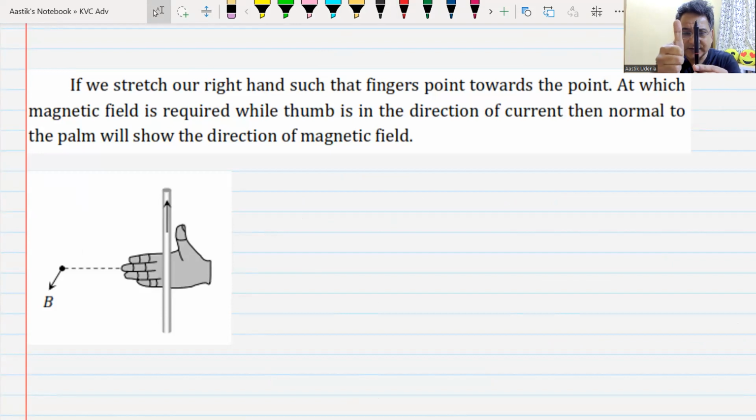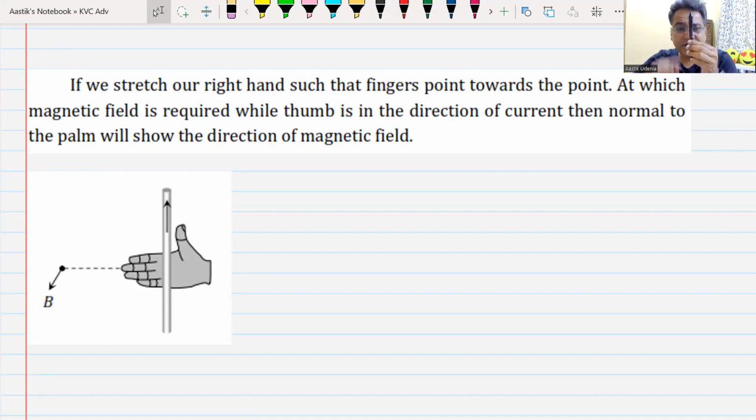If I have to find the field at this point, DL is here, point is here, so I point my fingers in that direction, and then I turn. You can see the magnetic field will be coming out towards me. Do we understand this? Yes, sir.